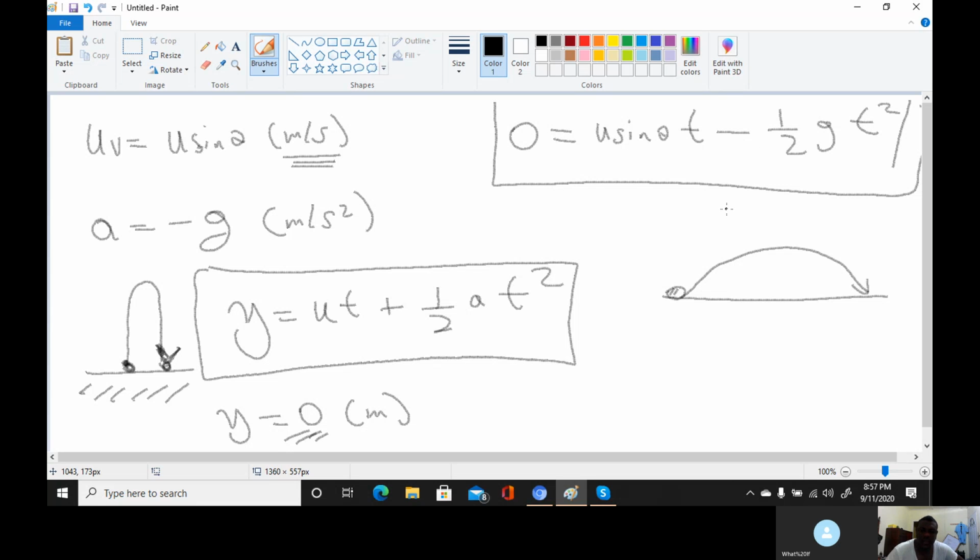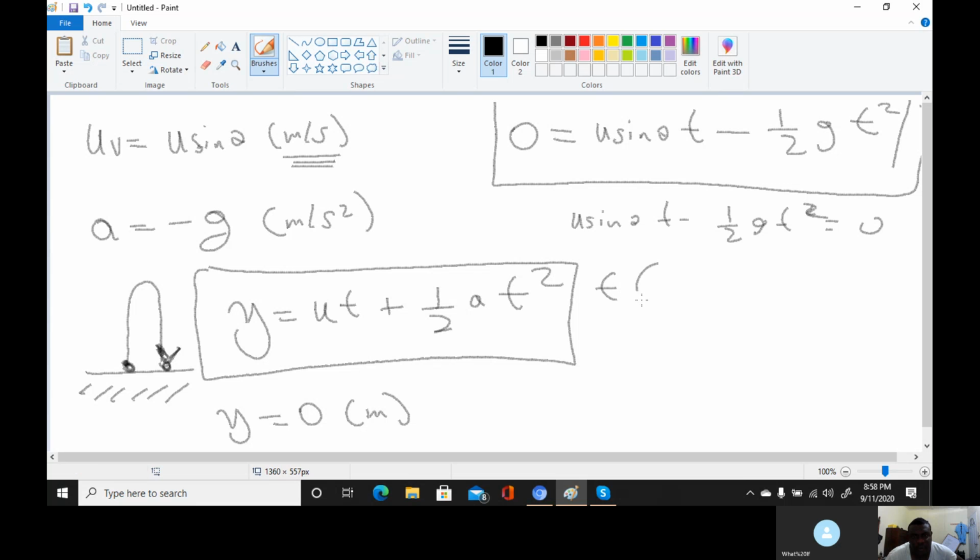All right, so let me get back some space. So the right answer is factor out a t. I don't have to, but let's just do it the mathematical way. It will not affect you because you're not doing any deep maths here, but let's just do it that way. We're gonna have u sine theta t minus a half gt squared equals 0. If we factorize, you're gonna have t outside the bracket.